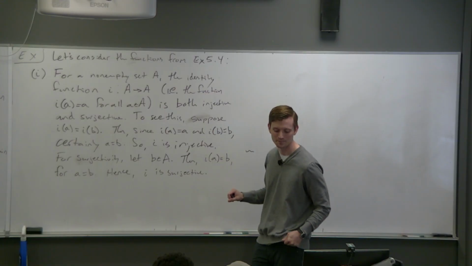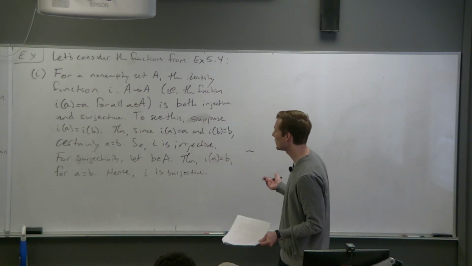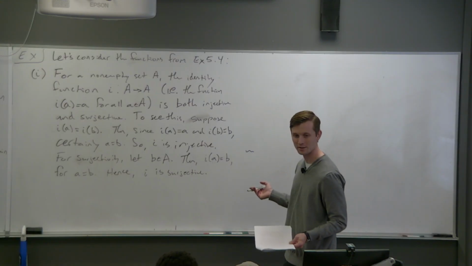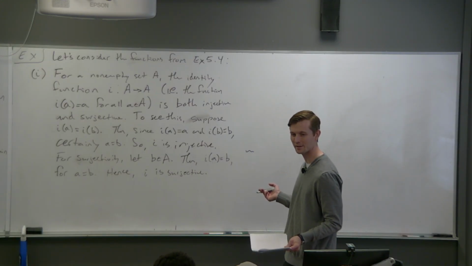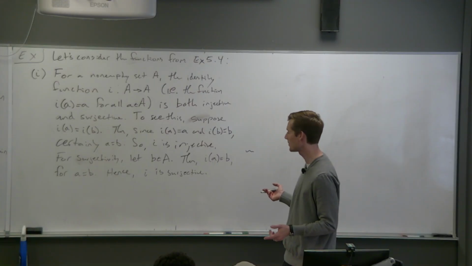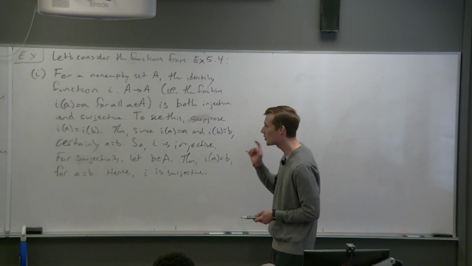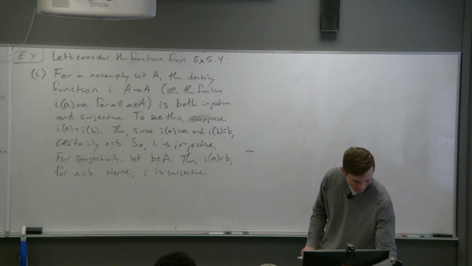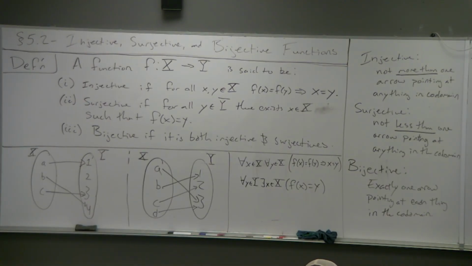Sweet, okay. So we've got the identity function, injective and surjective. Did anyone say not make sense or feeling weird about it? What do we think? Okay, some people may be feeling weird about it. All right, so what do we need for surjectivity?